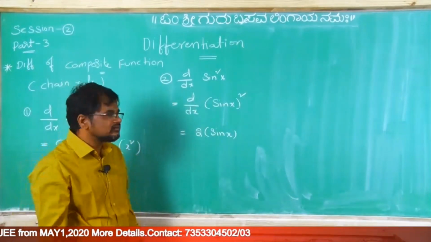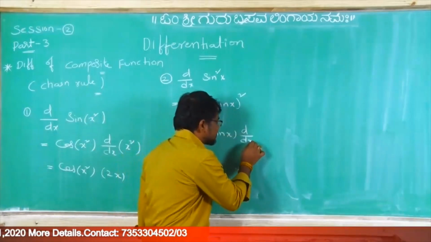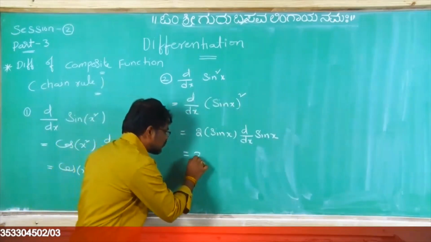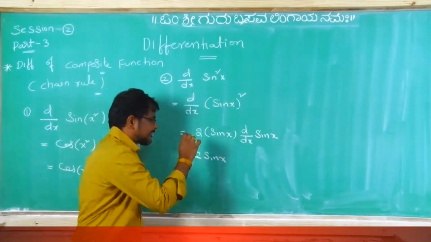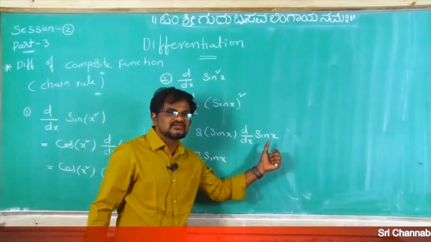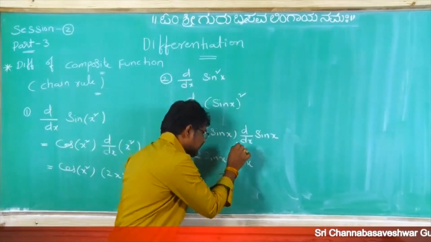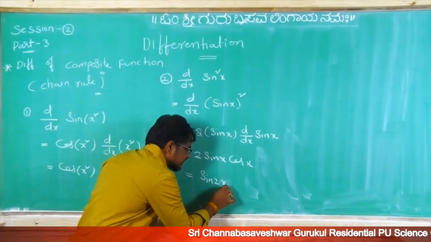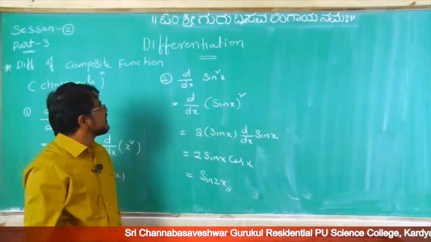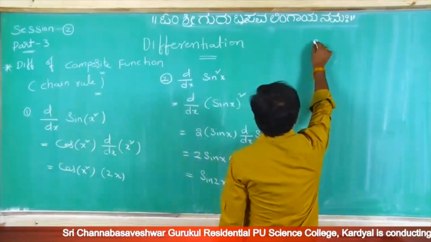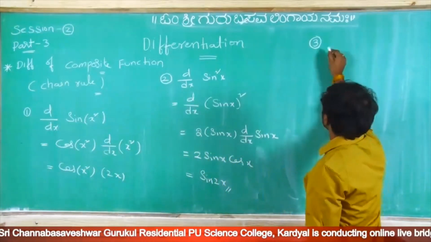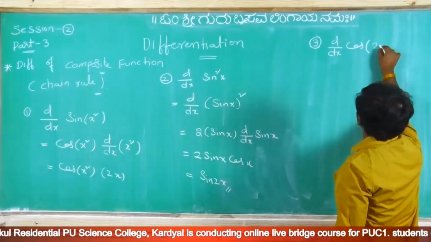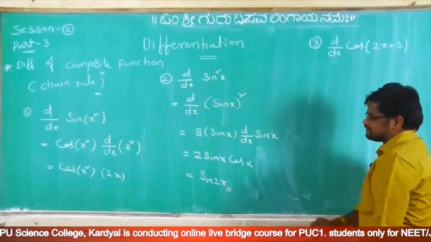Again we have to do d by dx of sine x. That is equal to 2 into sine x, and d by dx of sine x is cos x. Now 2 sine x cos x can be written as sine 2x.